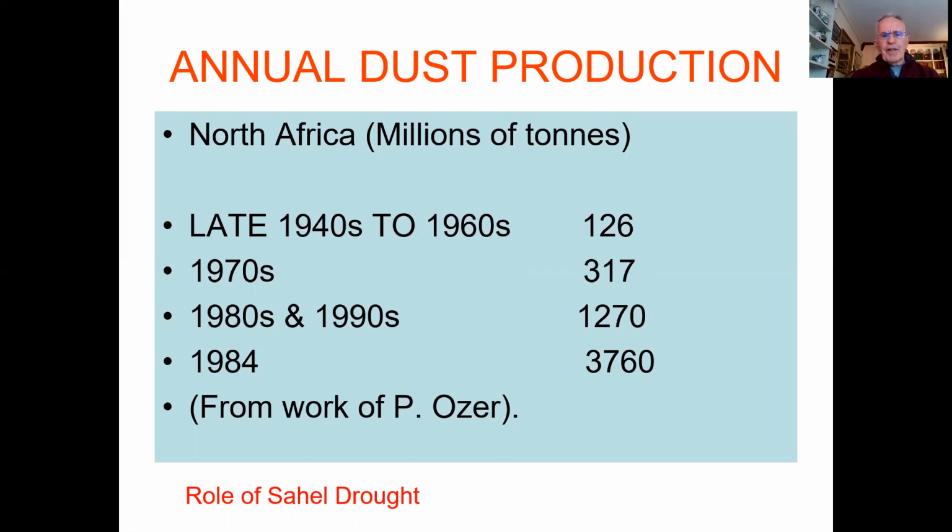Now, there are various reasons for this. One is natural in the sense that in the late 1960s onwards, we had a period of extreme drought in this part of West Africa called the Sahel drought. So this reduced vegetation cover and made the soils dry out. But it was also, of course, a fact that human populations had grown at the same time, causing deforestation, overgrazing, and so on and so forth.